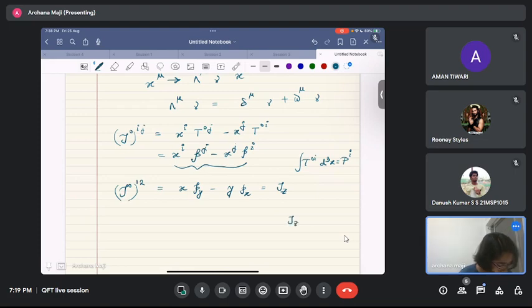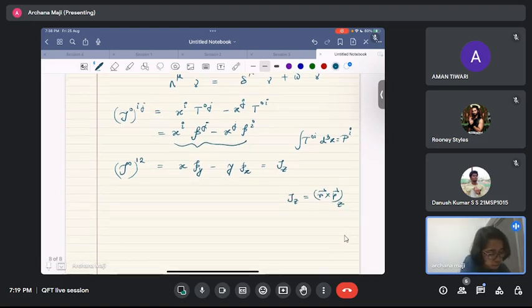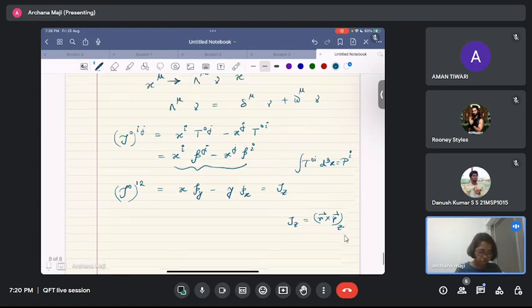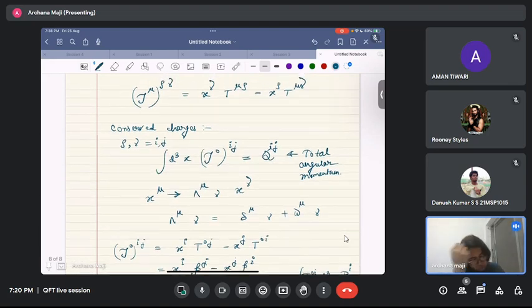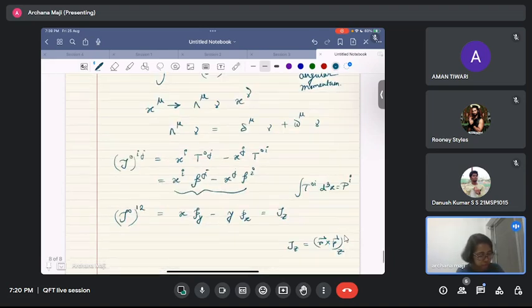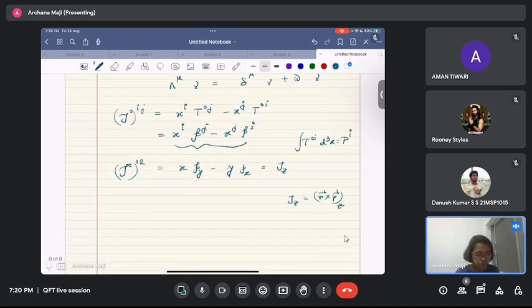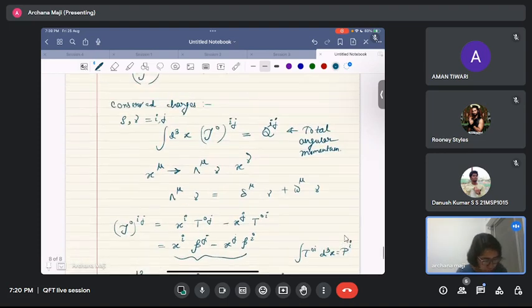Because Jz is the z component of r cross p, which gives x py minus y px, and that's what we have here. So it was just an illustration: what we have obtained is the most general case, and considering i and j to be 1, 2 will give you Jz. Likewise, if you take 2, 3, that will give you Jx, and so on. So this was total angular momentum.